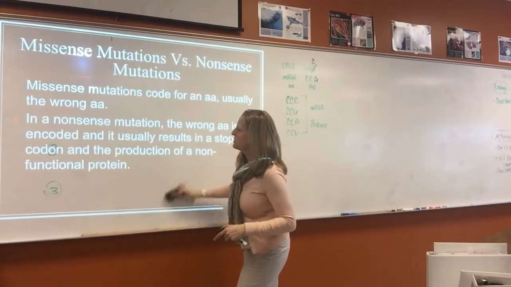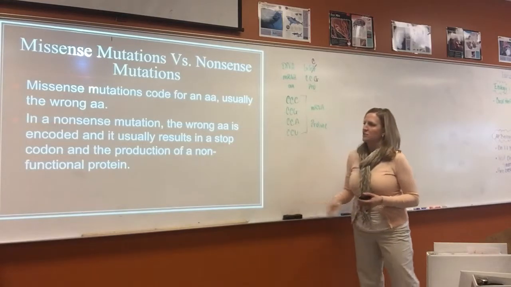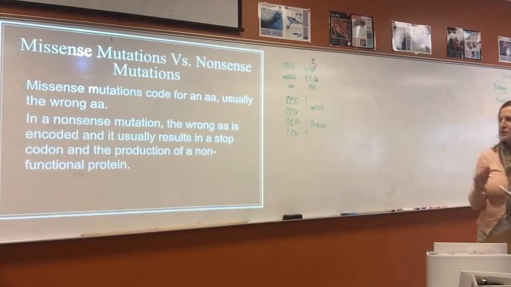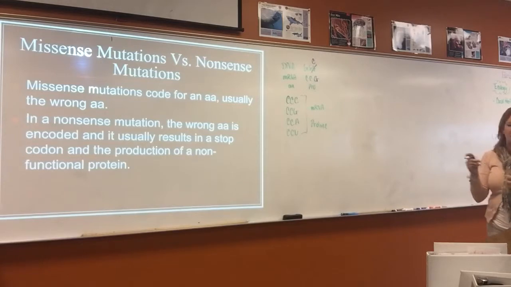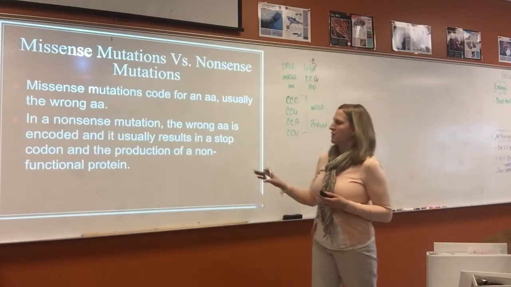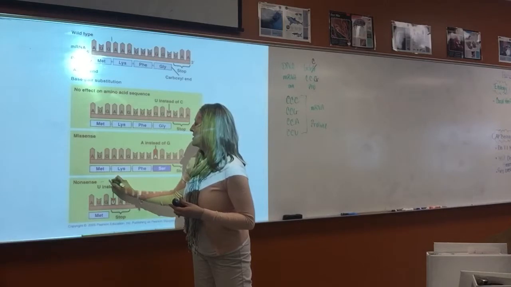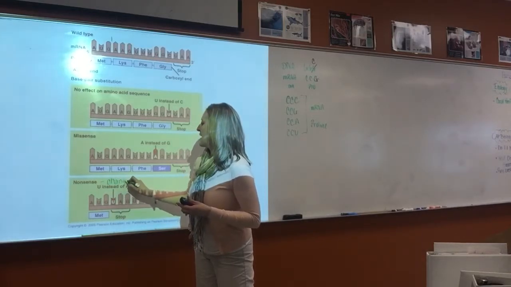So it changes the amino acid. And in a nonsense mutation, the wrong codon is encoded and it usually results in a stop codon, and then you get a non-functional protein. Going back up to this picture, I wrote here it changes the amino acid. Here we can write changes to a stop codon.